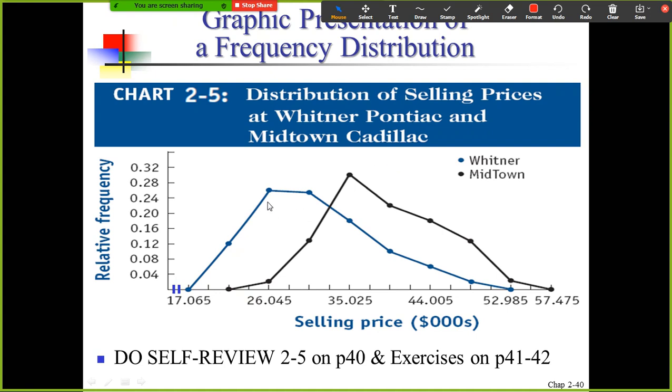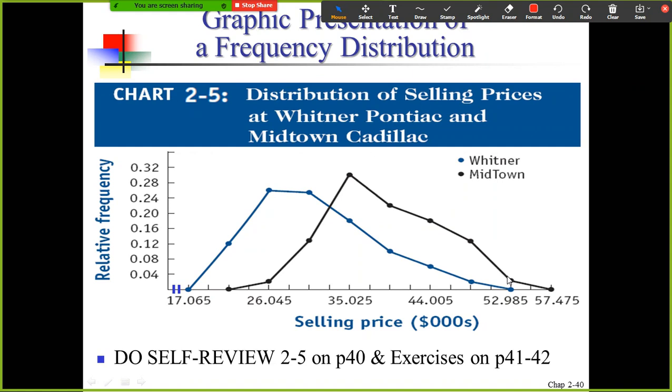Whether the blue Widener or the Midtown. I don't explain this one, but I'm waiting to hear your explanation for that graph using your own understanding.